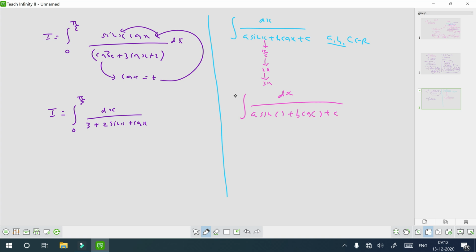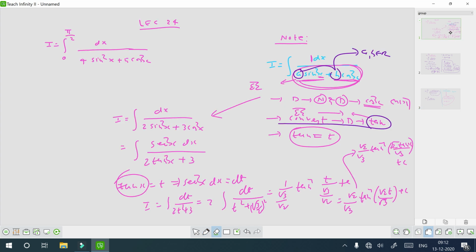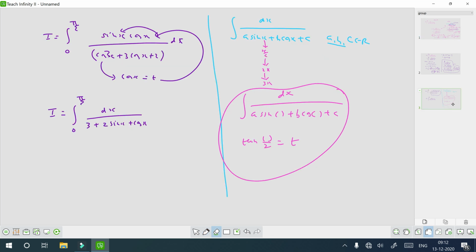Clear? Then tan of some angle by 2 is equal to t. This is the hint. Using this concept, we can solve this type of integration. See, if we compare with the first one, there it is a combination of sine square and cos square x. Here it is just a combination of sine and cos.